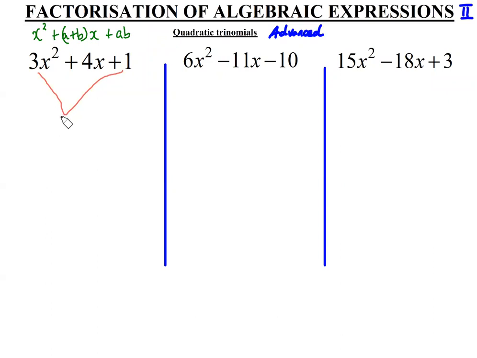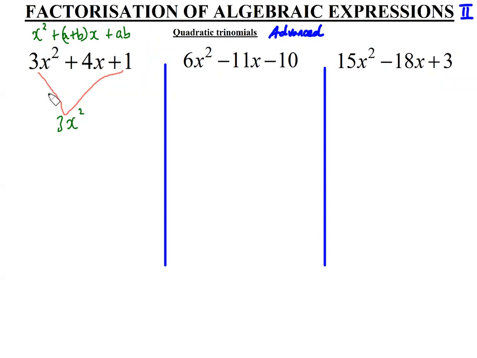Okay, so we don't need to worry now. We know that this, if we take 3x times 1, we get 3x squared. Now with the 3x squared, this one here, you can't just put the brackets. You need to do the long way, the one that I've taught you in the beginning.